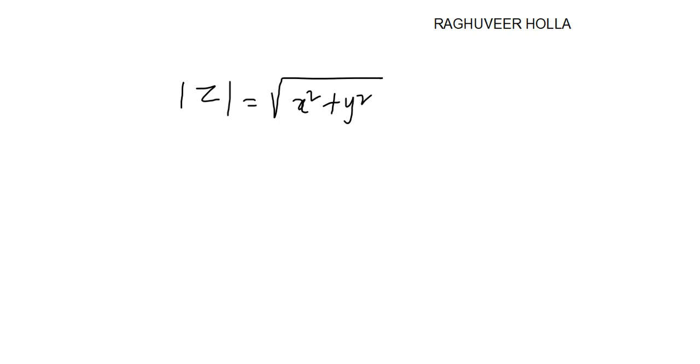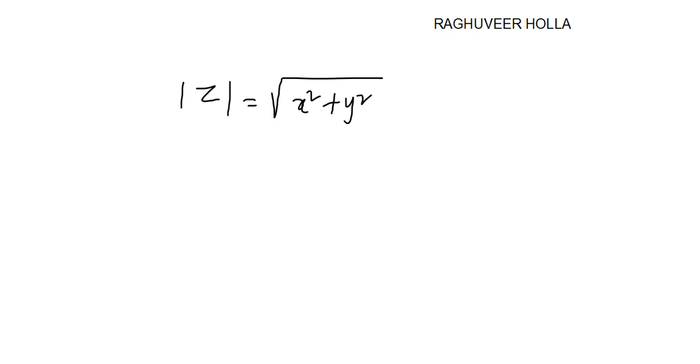The angle of the complex number with the positive direction of the x axis, when it lies in the first quadrant, is called the amplitude or argument of z.